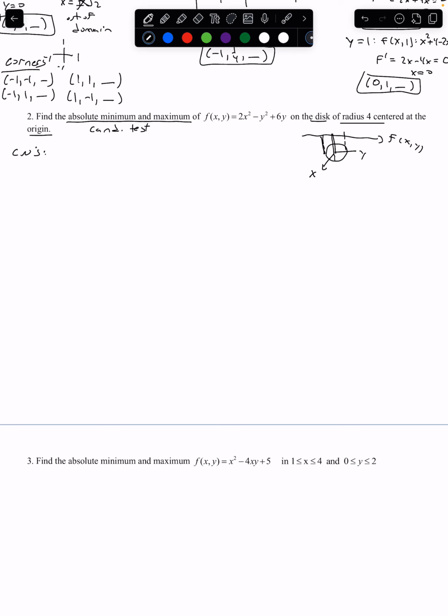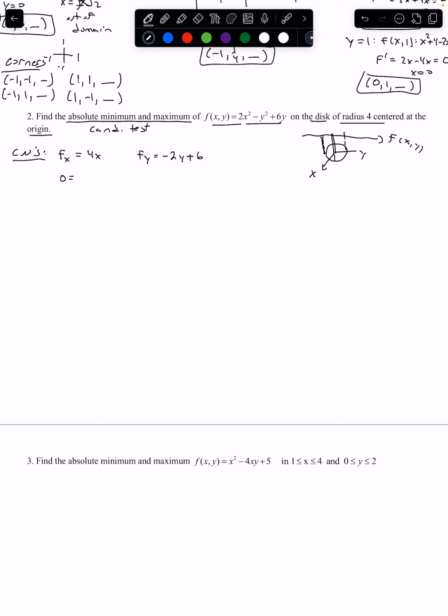Well, to get the critical numbers, we need to set our partials equal to 0. So the partial with respect to x becomes just 4x, and the partial with respect to y becomes negative 2y plus 6. And again, I get that from my function right up here. To get the critical numbers, we want to find out where both of those are equal to 0.